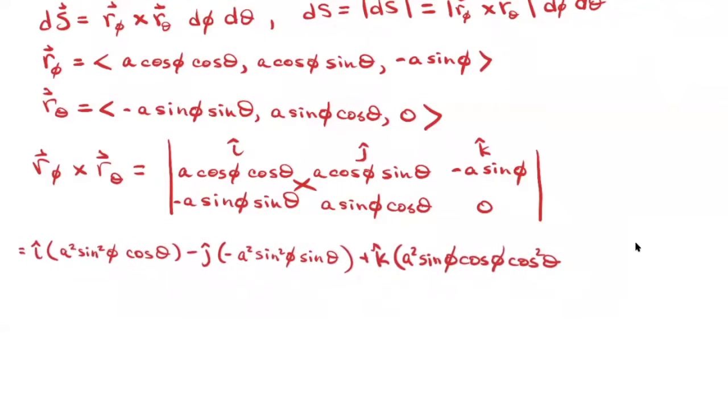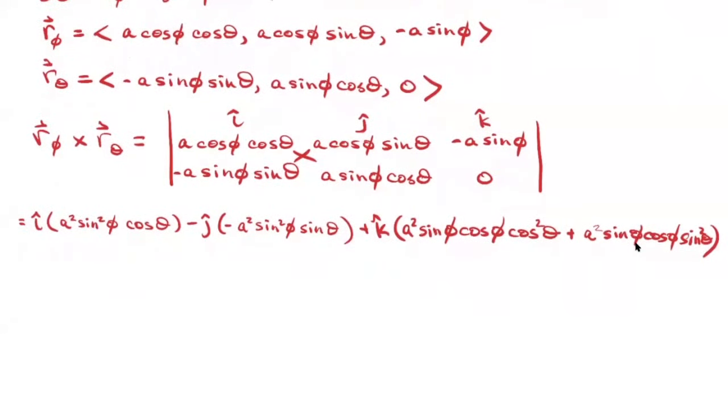So the next component, I'm doing the upward multiplication, so that's minus a negative, which will become a positive. And you're going to have a square sine phi cos phi sine square theta. I don't know if you can tell, but there's a sine square plus cosine square in all of that.